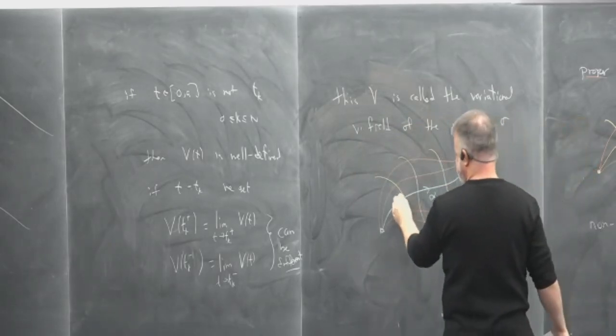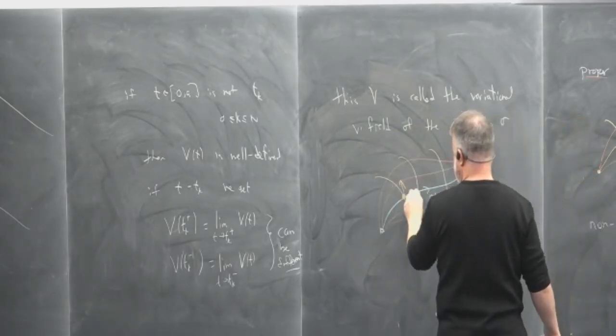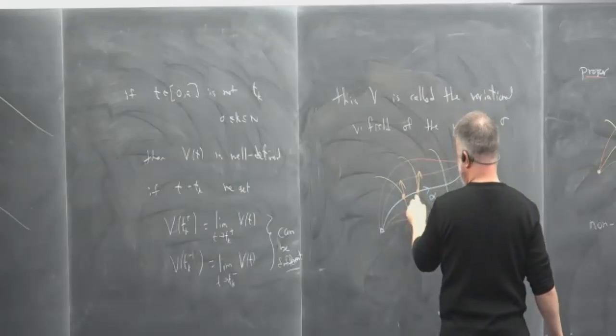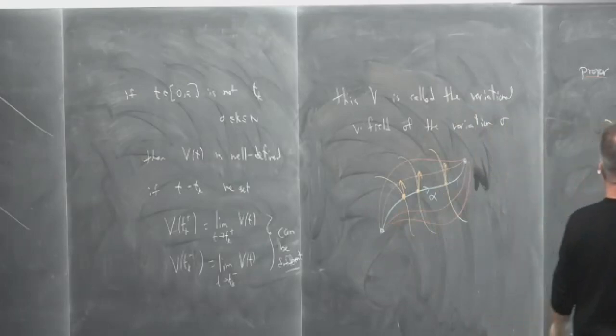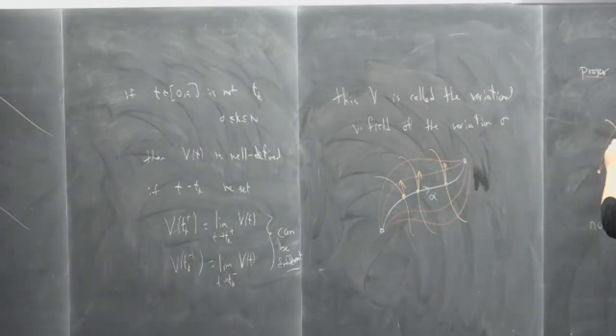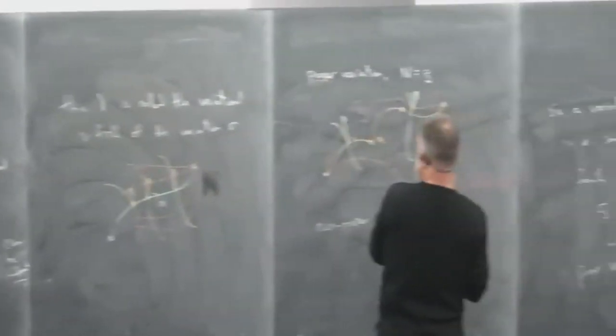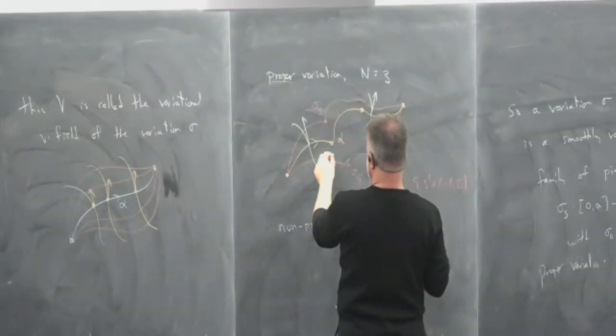So V is the velocities at s equals 0 of these transversal curves, right? So here it's a nice smooth vector field. Here, you can see away from those points where the velocity vector jumps, there's no problem.